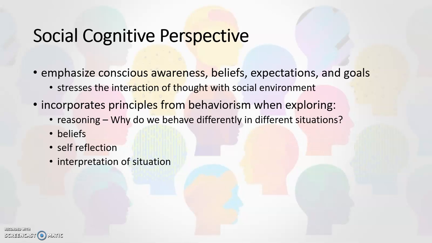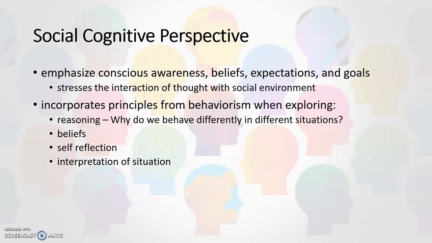And so our social cognitive perspective is our conscious awareness, beliefs, goals, and expectations, and how we apply them in social instances. We use reasoning, beliefs, reflection, all that fun stuff.